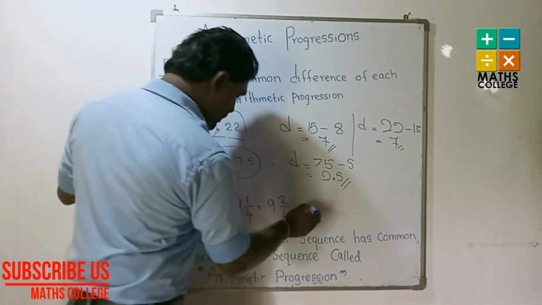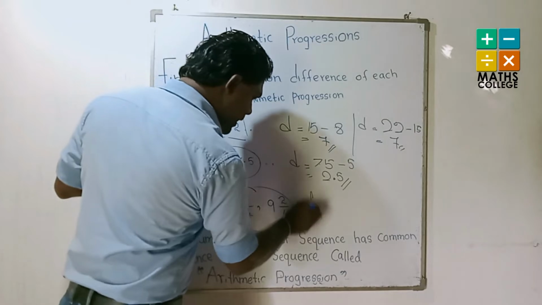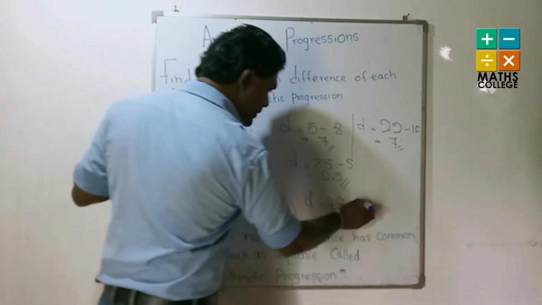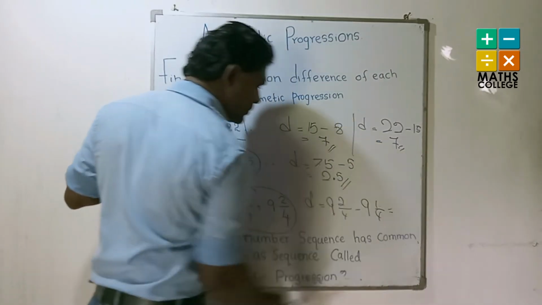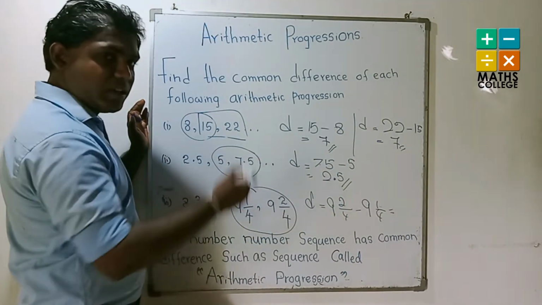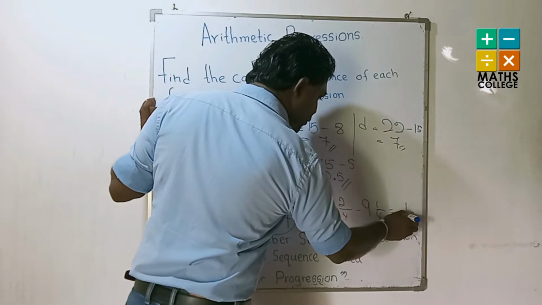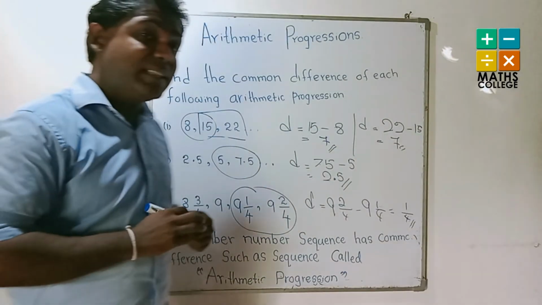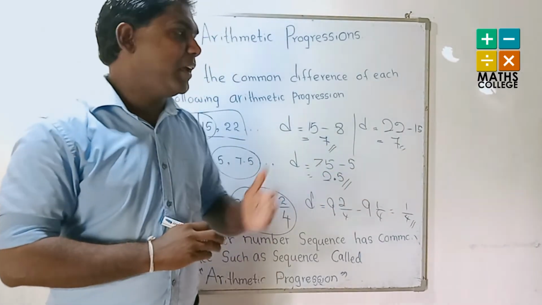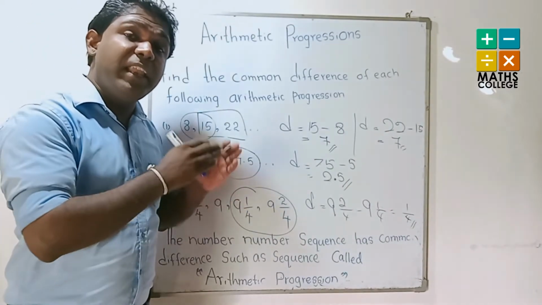Third one, when we consider these two consecutive numbers, D equals 2 fourths minus 1 fourth. What is the answer? 1 fourth, because 2 minus 1 is 1. That means the common difference is 1 fourth, or another way to read it, 1 quarter.